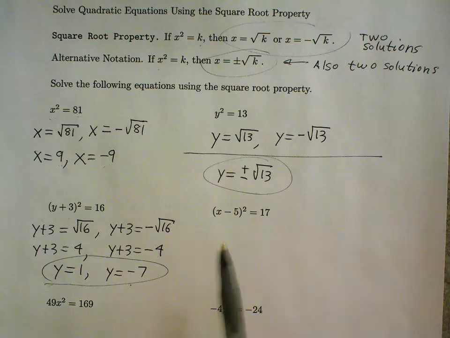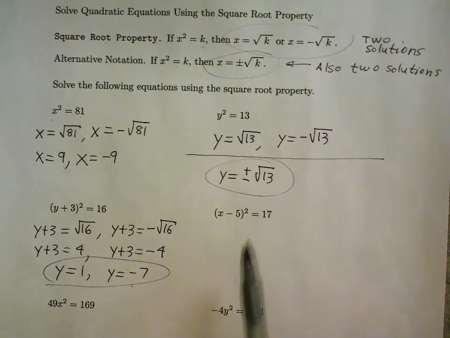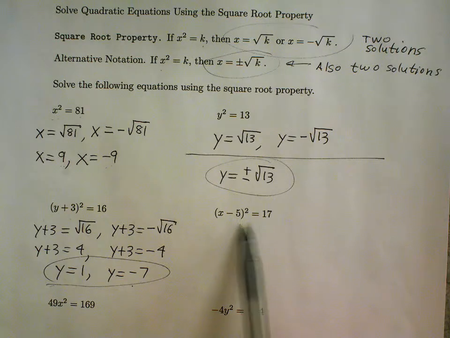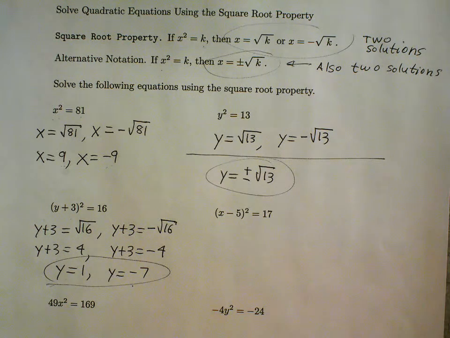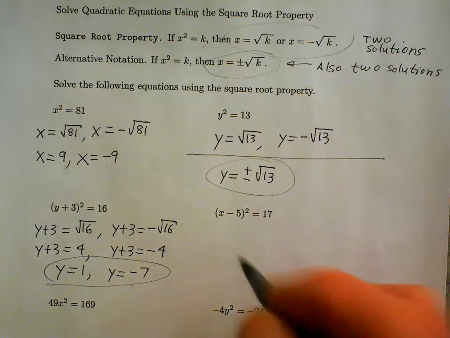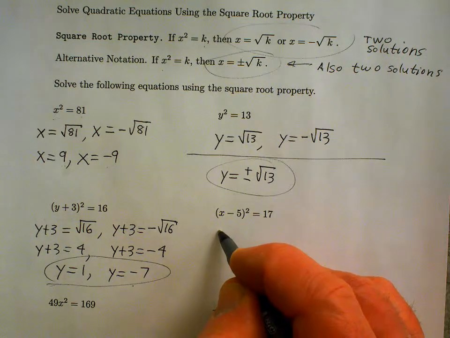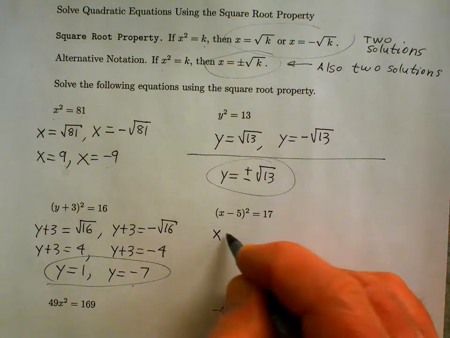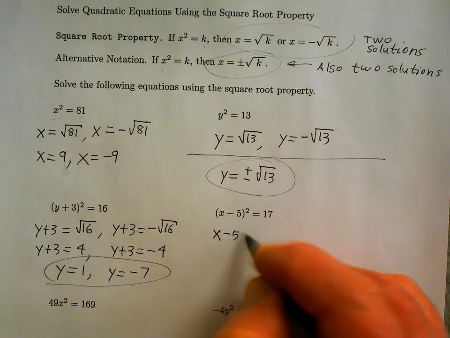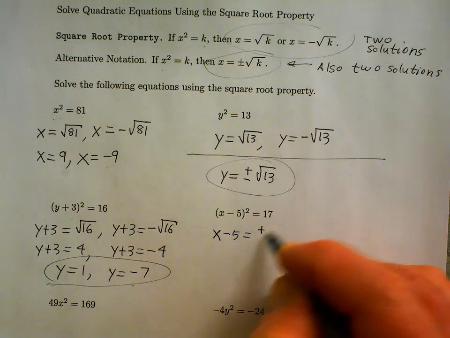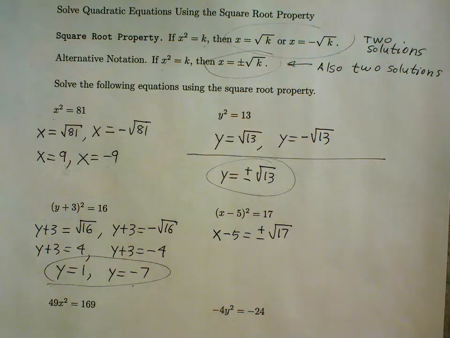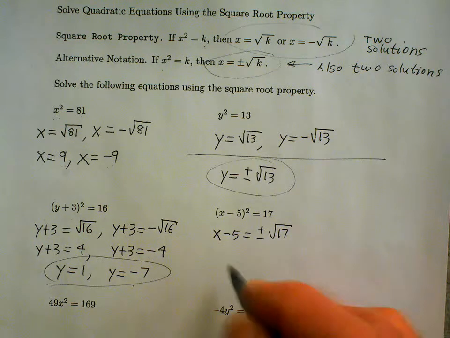Okay, the next example, the binomial x minus 5 squared equals 17. So apply the square root property. This time I'll write using the alternative notation, x minus 5 equals positive or negative square root of 17. And then we can add 5 to both sides.